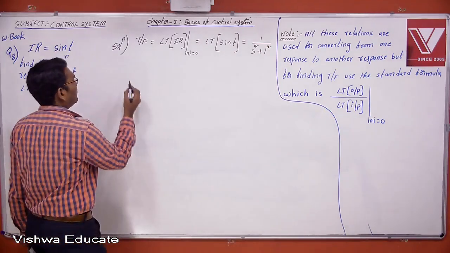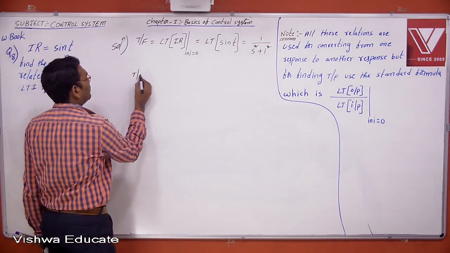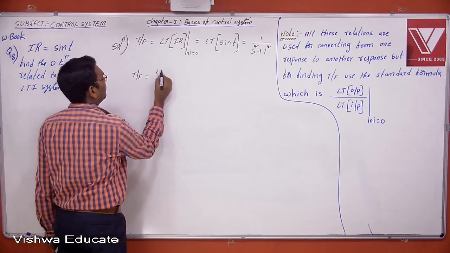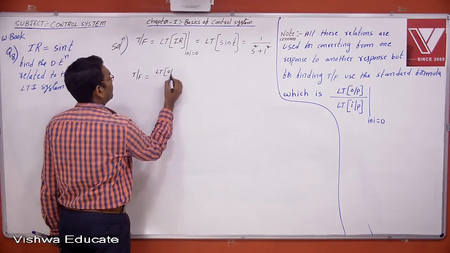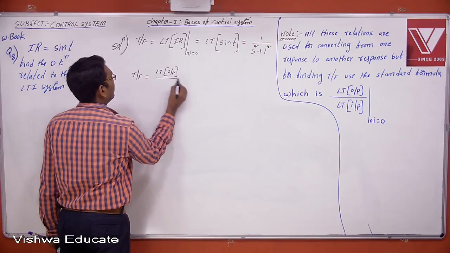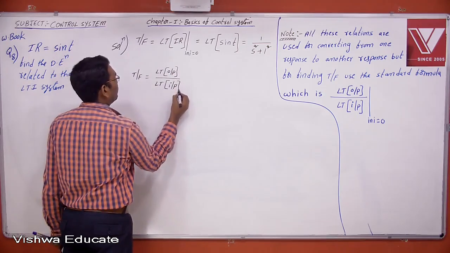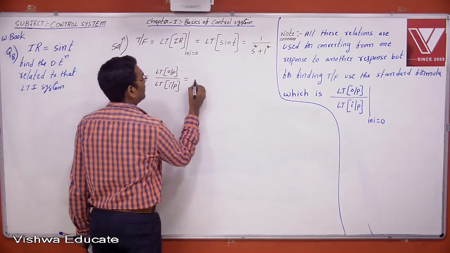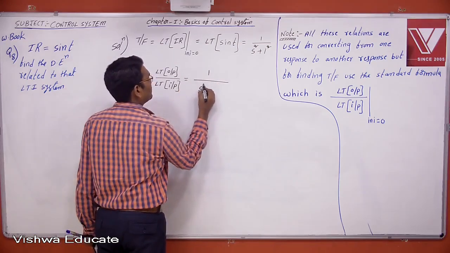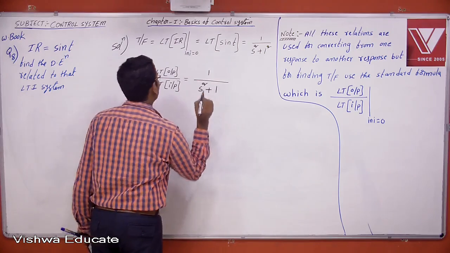Now the transfer function is nothing but the Laplace transformation of output to the Laplace transformation of input, which is how much we are getting, 1 by s square plus 1 square, meaning 1 by s square plus 1.